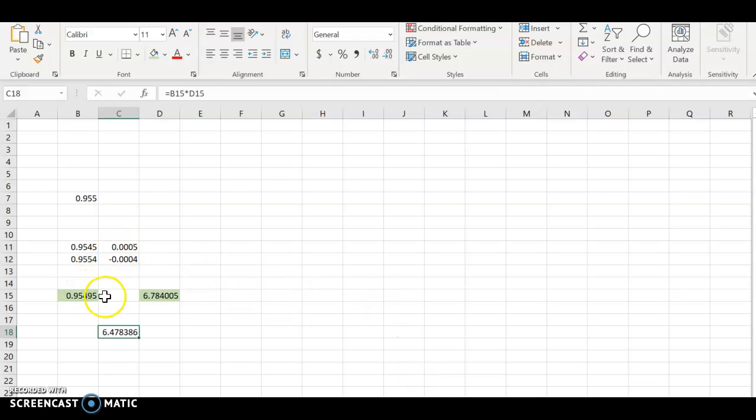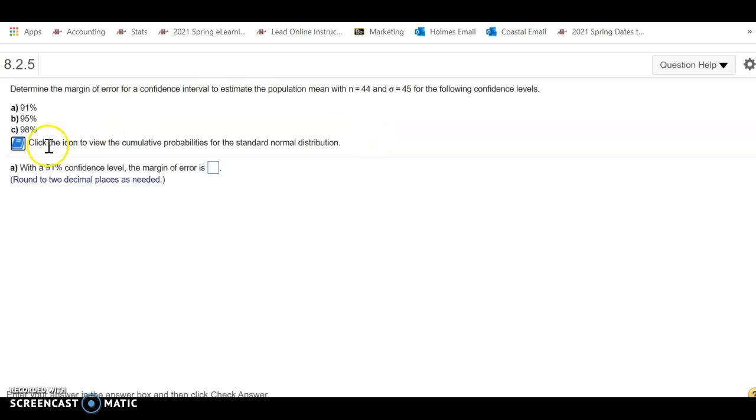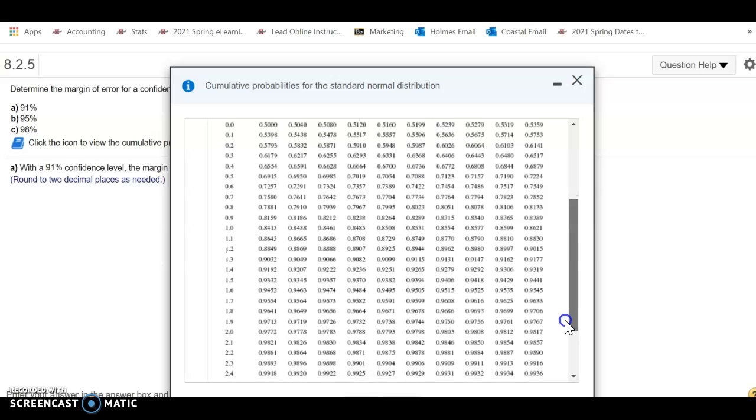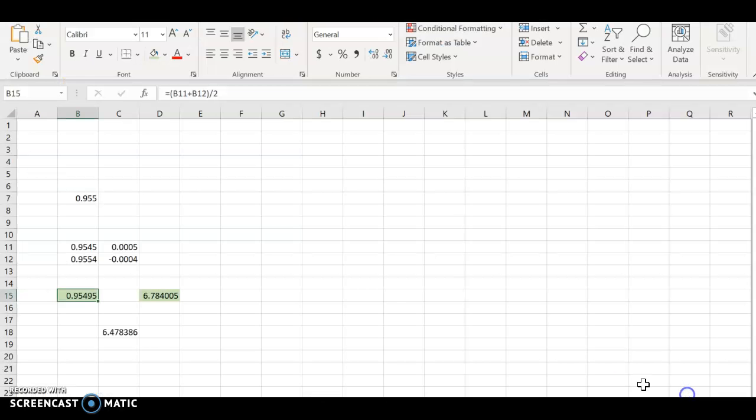Oh, okay. So I don't put 0.95495. I forgot to get the Z value of that. So the Z value is going to be halfway in between 1.69 and 1.70. So I got the average of the wrong thing there. I want the average of the Z value, not the probability.